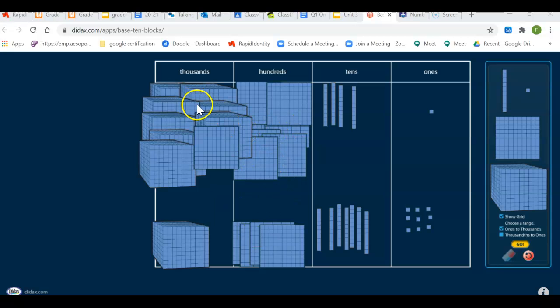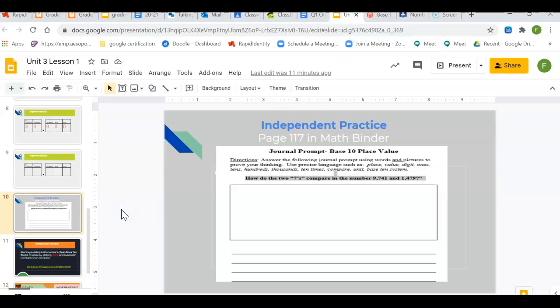At the very top, I've got 9,741. Down here at the bottom, I've got 1,479. So now this gives you a really good view where you can compare these two numbers as you built them using the base 10 blocks. And after you've done that, you can go back to the actual question in your binder and answer that probably a little bit easier.